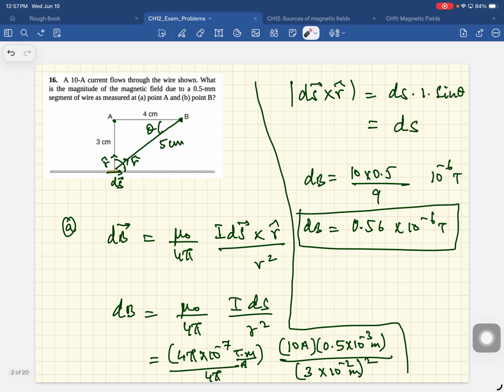All right, so dB2 due to that small element is mu naught over 4 pi, I ds over r squared. What is r? The distance, it's just a. So it's a squared.